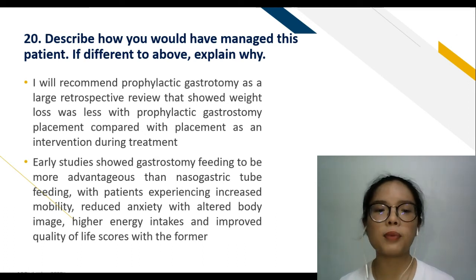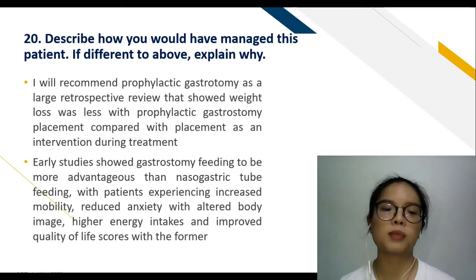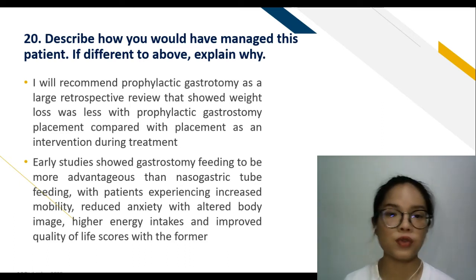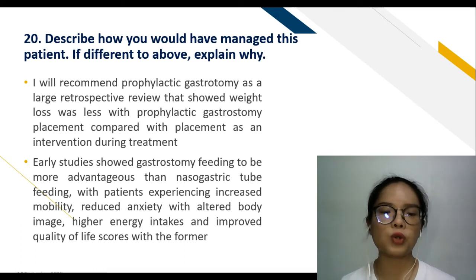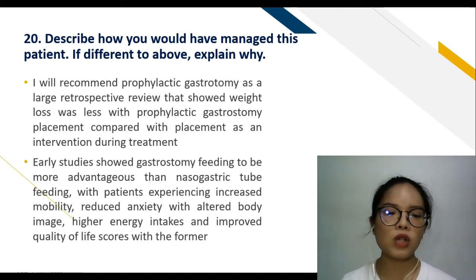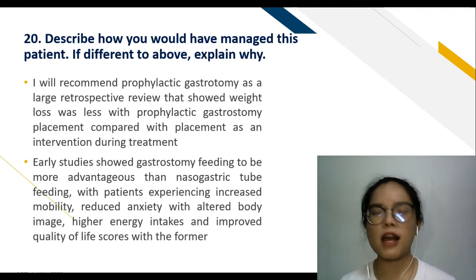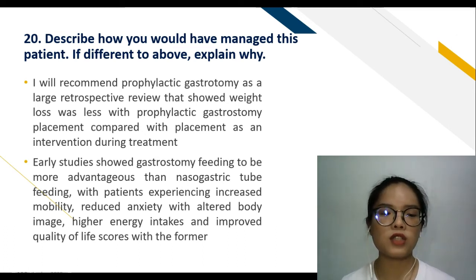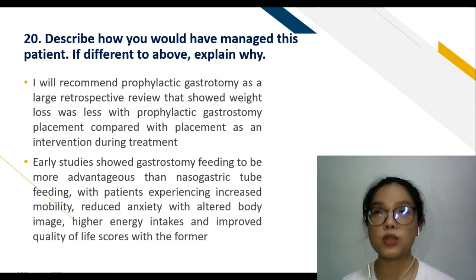I will recommend the prophylactic gastrostomy for John as a large retrospective review shows that weight loss was less with prophylactic gastrostomy placement compared to placement as an intervention during the treatment. Another study also showed that gastrostomy feeding seems to be more advantageous than nasogastric tube feeding, as patients experience increased mobility, reduced anxiety about body image, higher energy intake, and improved quality of life scores with the former.